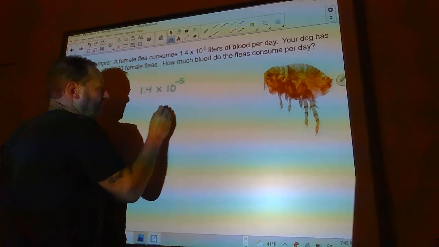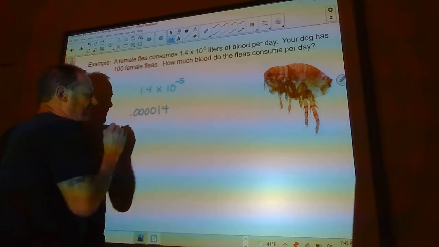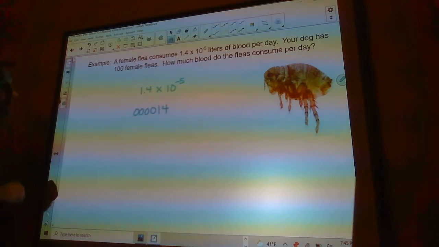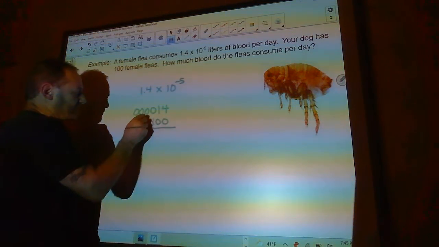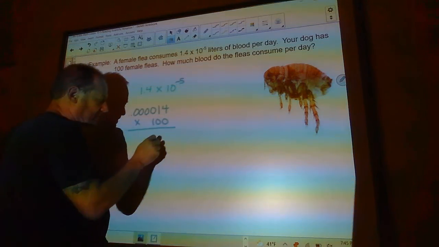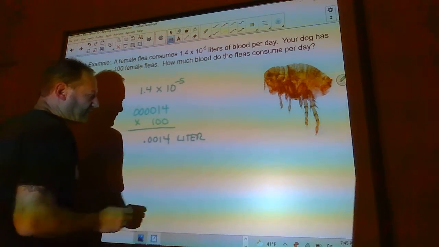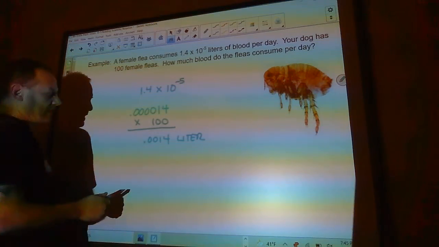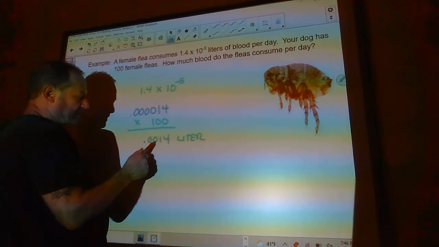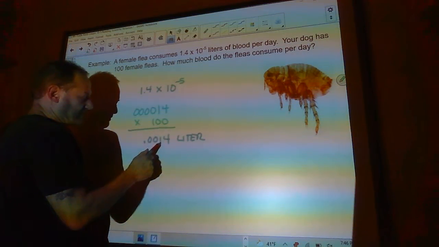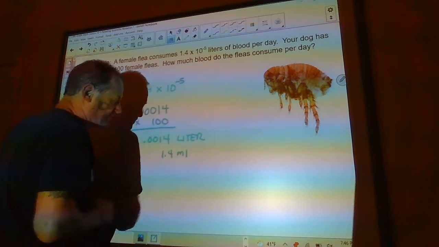That'd be 1, 2, 3, 4, 5 liters per day per flea. And then I could multiply that by 100 because there's 100 of them. All that's going to do is move the decimal 2 more places, so it's going to be this many liters. Okay, so this would be liters, deciliters, centiliters, milliliters, so 1.4 milliliters per day.